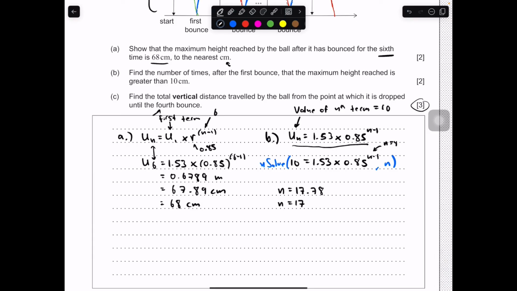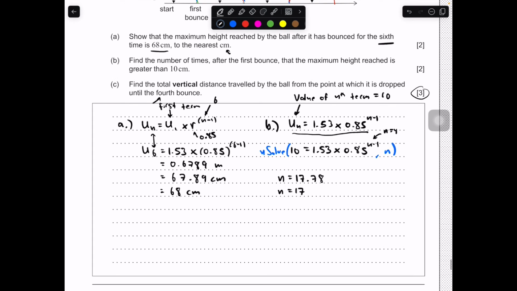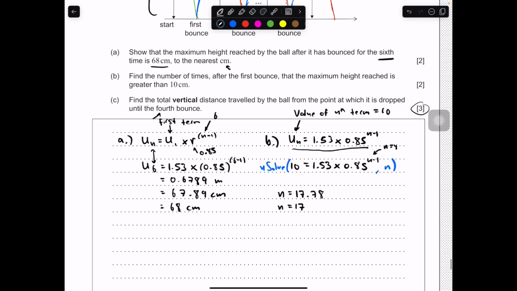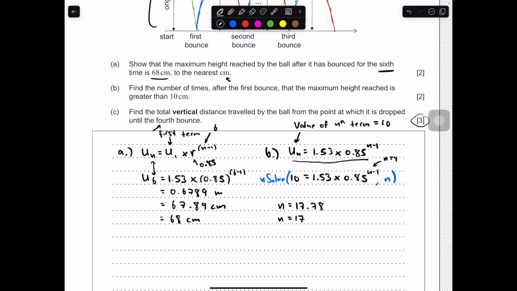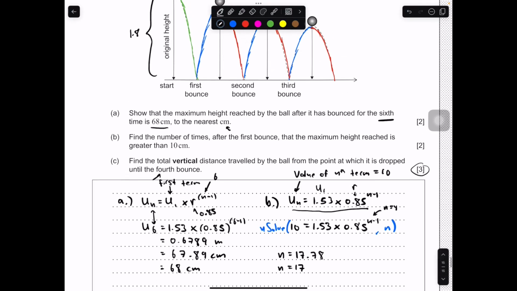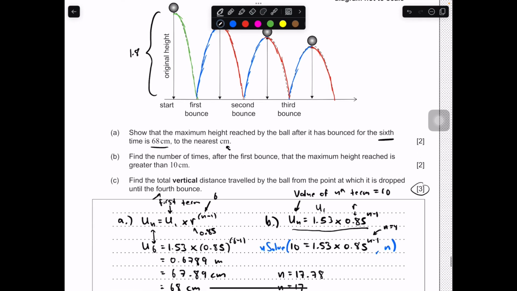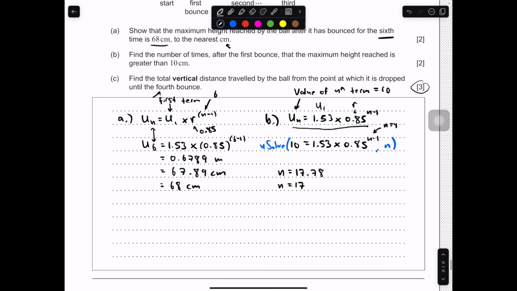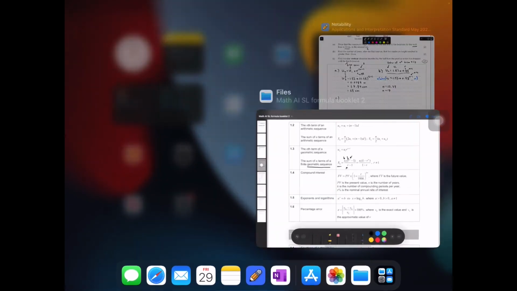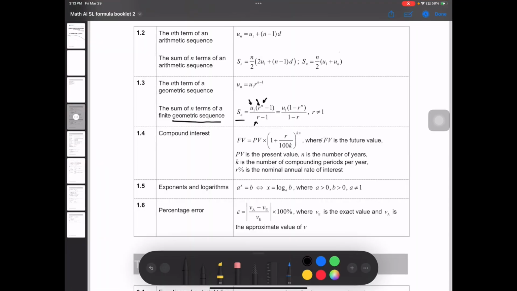So let's go ahead, and if we know the value of the first term, and we know the value of r, we should be able to find the sum of the terms of a geometric sequence using our geometric sequence formula. So let's go into the formula booklet. Here it is already, I suppose.